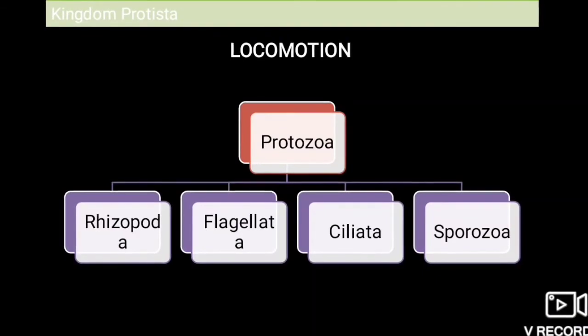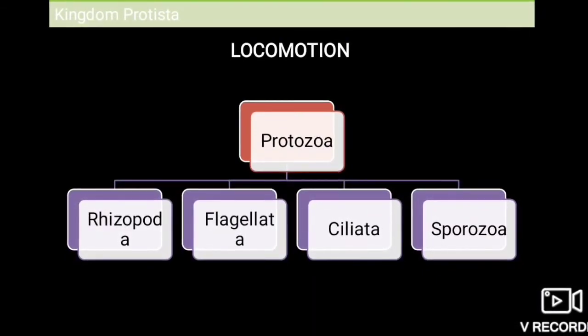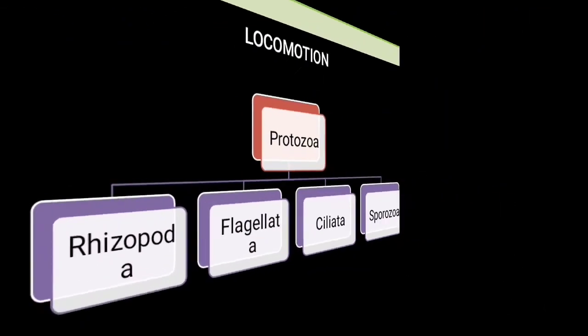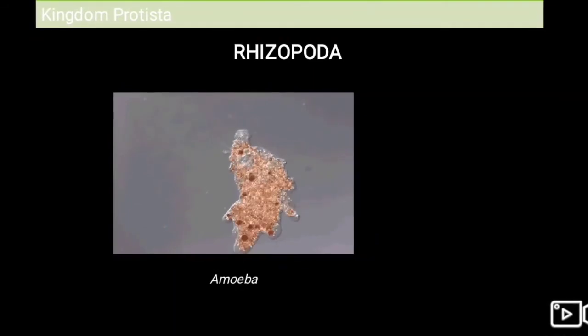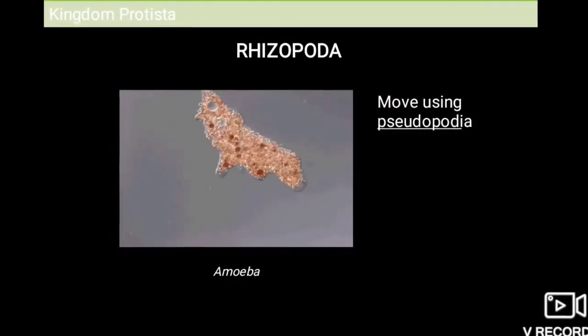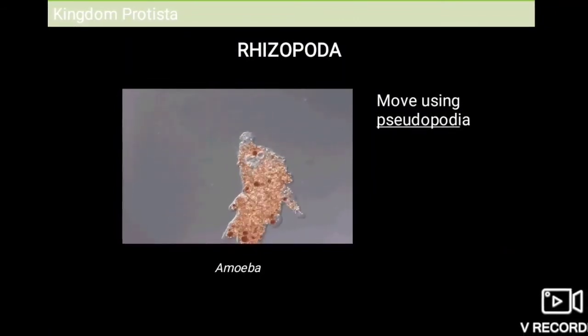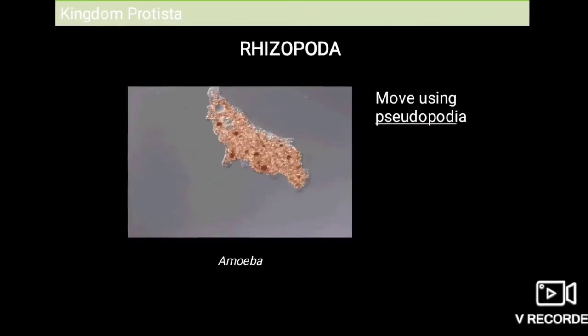Based on the locomotion, Protozoa is divided into 4 groups. They are Rhizopoda, Flagellata, Ciliata, and Sporozoa. Rhizopoda. One of the examples of Rhizopoda is amoeba. The Rhizopoda move using pseudopodia. As you can see in here, they use pseudopodia to move.